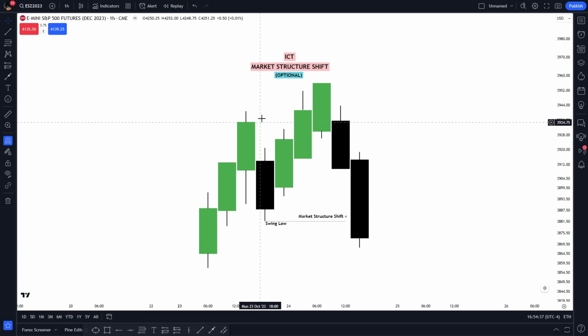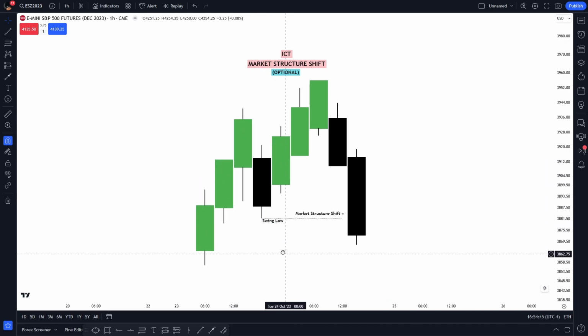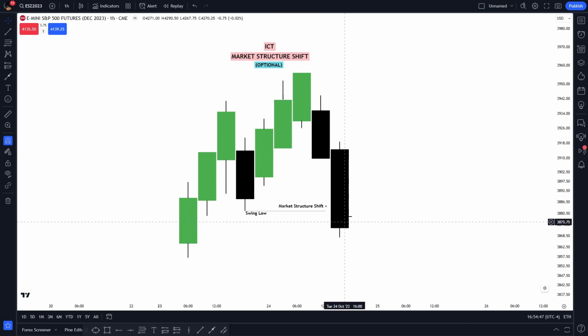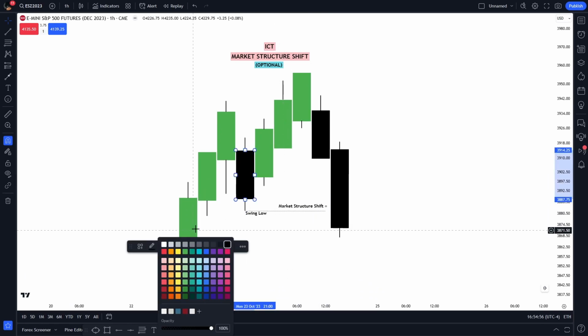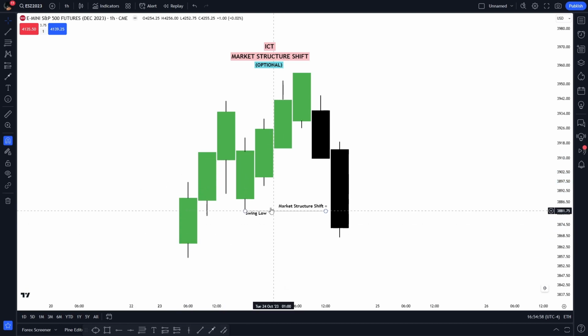You need three candles in order to classify it as a swing low because it has to be lower than the two candles next to it. So when we get a candle closure below that, as we get right here, we would classify that as a market structure shift. Okay, this does not have to be bearish. This could be bullish and still be a swing low, and that will still be a bearish market structure shift.